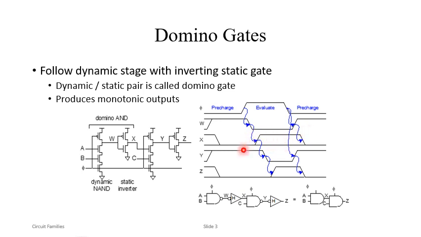In the dynamic inverter, if the input A is 0 during pre-charge, both PMOS and NMOS will be on and contention takes place. As the input cannot be changed to 0 during pre-charge, an extra clocked evaluation transistor is added to the network. Here we have the pre-charge and evaluation.